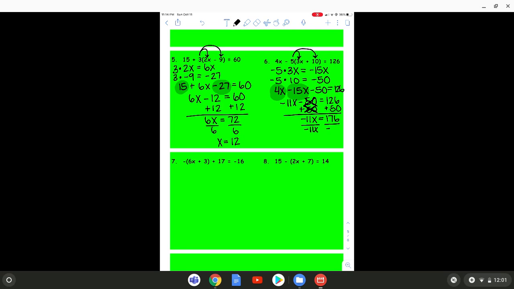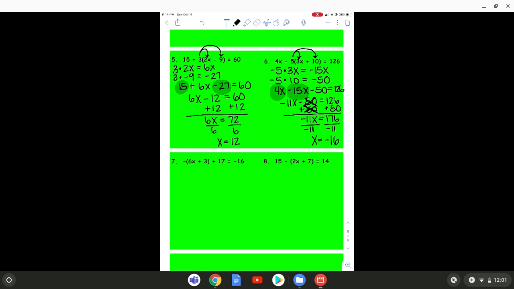And not 11x, sorry, just -11. And I'm going to do this on both sides, so my equation is balanced. I'm going to be left with just x on the left, and I'll be left with -16 on the right to get x is equal to -16.